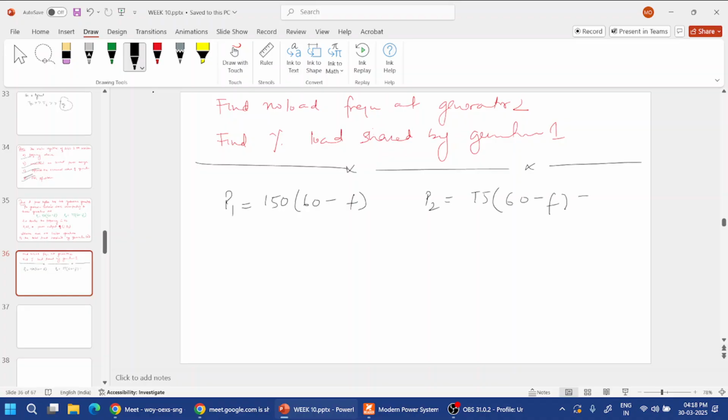Now we have to find the no load frequency. So for no load, let's put P equal to 0, then 60 minus F NL is equal to 0. So F NL is equal to 60 hertz. The no load frequency will be this much.